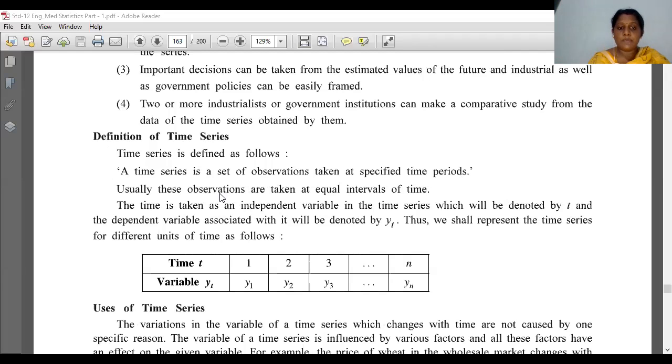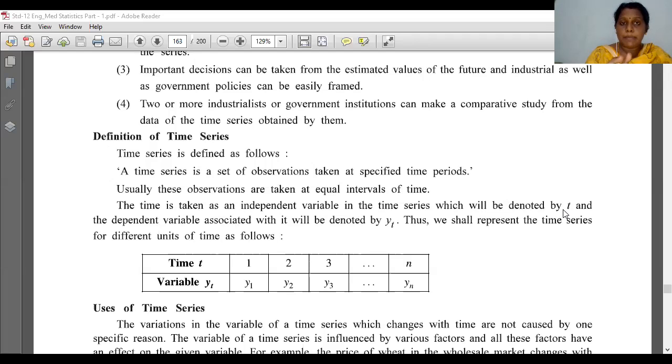Now, usually these observations are taken at equal intervals of time. The time is taken as the independent variable in the time series, which will be denoted by t, and the dependent variable associated with it will be denoted by yt. Two variables are there, one is dependent, one is independent.